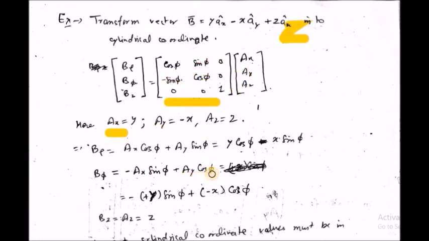Again Bz is 0 into Ax, 0 into Ay plus 1 into Az, so it is simply Az.